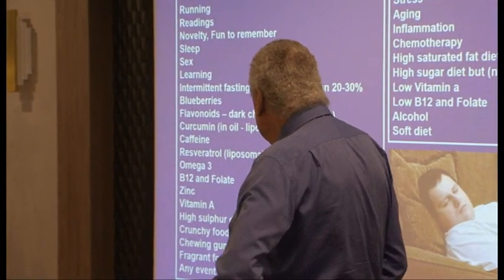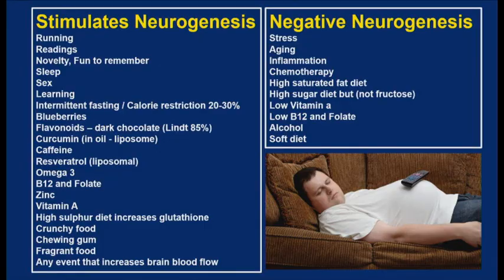Blueberries are cultivated bilberries, and bilberries are much, much different. Flavonoids, some are keen on dark chocolate. We found with muscle testing, we had to muscle test lots of bars of chocolate. Jill was the main control here. In fact, there was only one which really works as far as the polyphenolics, and that's Lindt 85%. The reason is that apparently chocolate is alkalized in the process of making it.